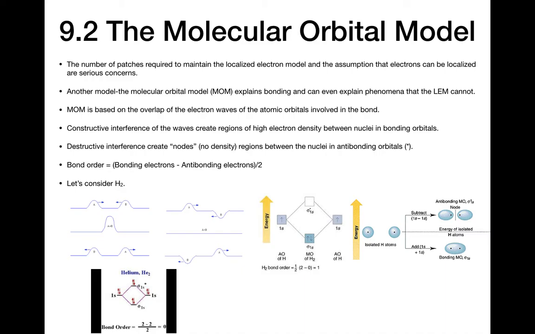One is constructive interference. If we take a look on the left side here, these blue wave pictures, we have wave A and wave B, and they are approaching each other. And when they meet, because they both have positive amplitudes, they're going to add and give an even greater wave.